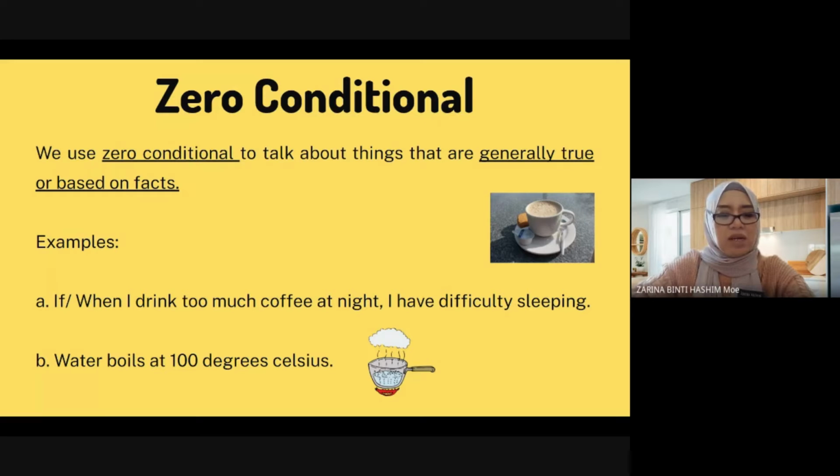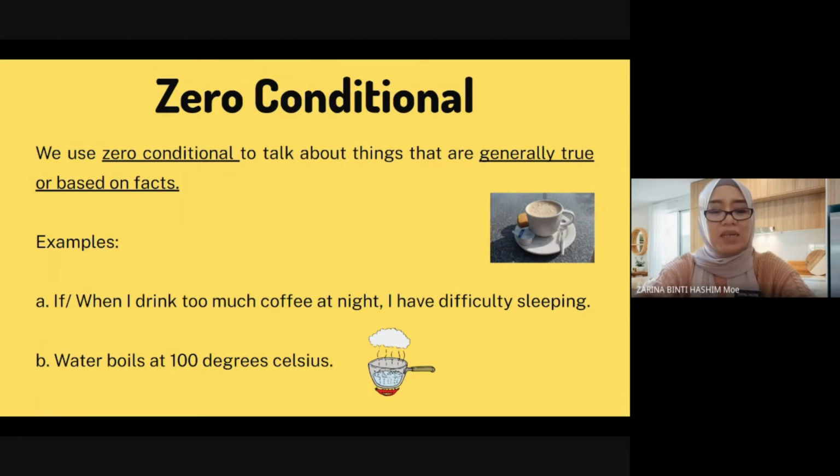under zero conditional, we have statements like: if you exercise regularly, you stay in shape. Or if you consume a lot of sugar, you get diabetes. But maybe that is not based on fact, because not everyone who consumes sugar will get diabetes, so we cannot say that is zero conditional.